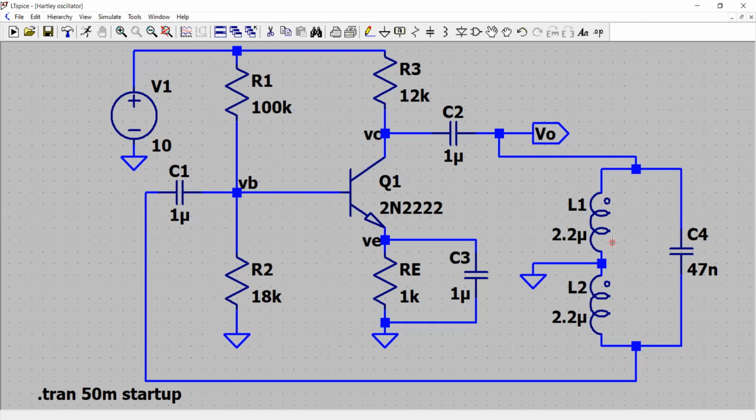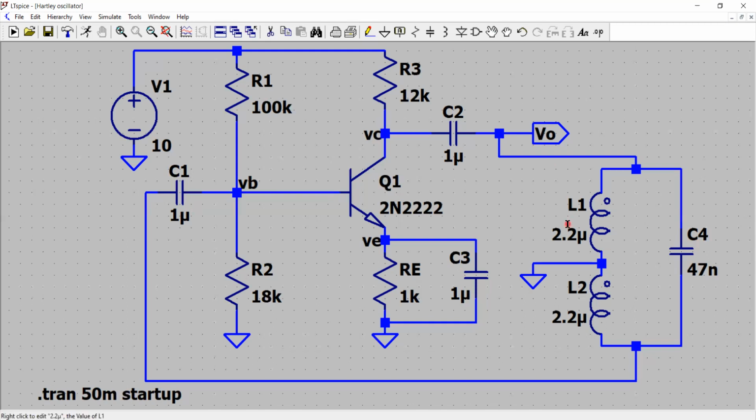That is my first criterion. The second criterion is the phase of the loop gain. Again, the loop gain is the product of A multiplied by beta. The phase of that loop gain around the loop should be exactly 0 degrees or multiples of 2 pi radians, such as 360 degrees, 720 degrees, and so on.